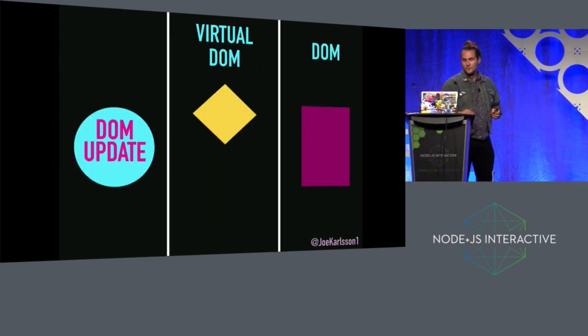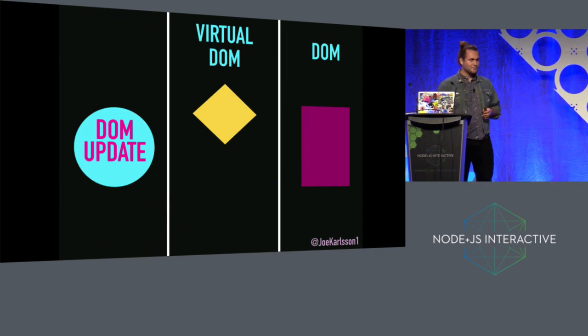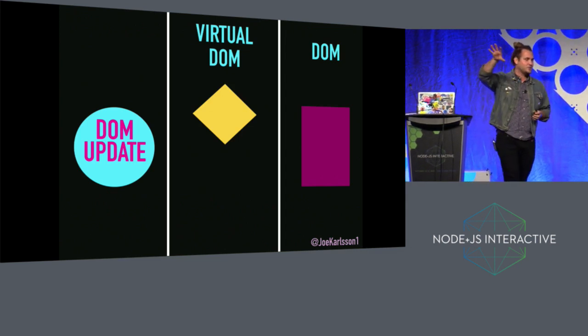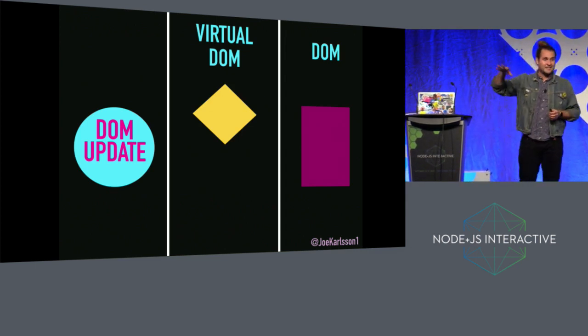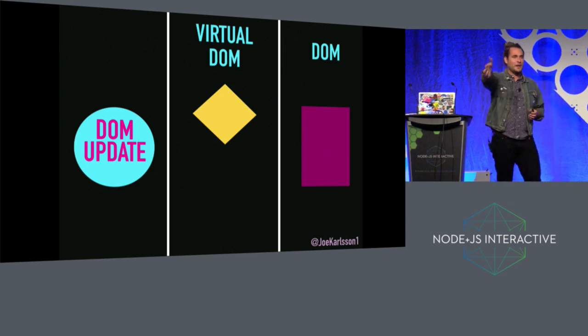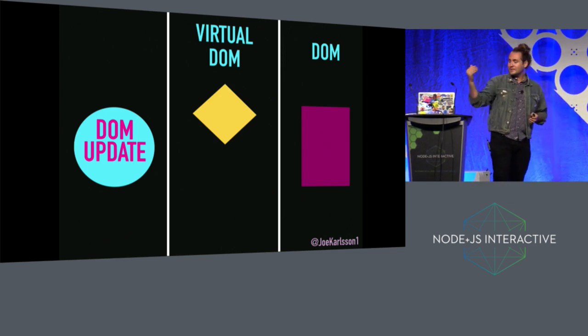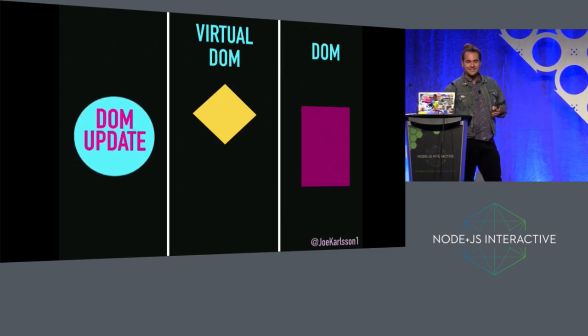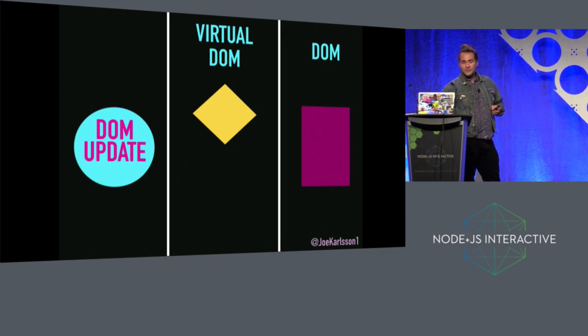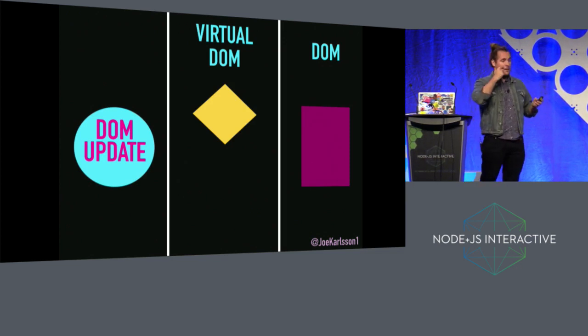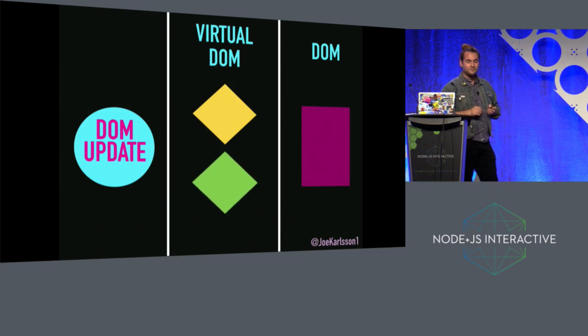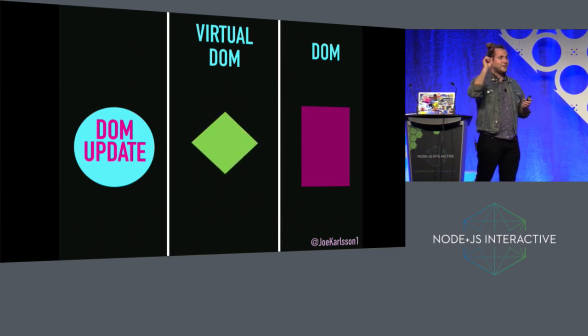I have a little example here. With the virtual DOM, if there's an update to the actual DOM, for example a user clicks on something, or you want some new data to come in, maybe your API has finally returned something from the server, an update gets triggered. The virtual DOM, which is like an object saved in memory, makes an exact copy of itself and then makes the update to that.